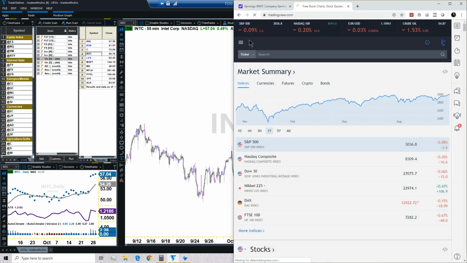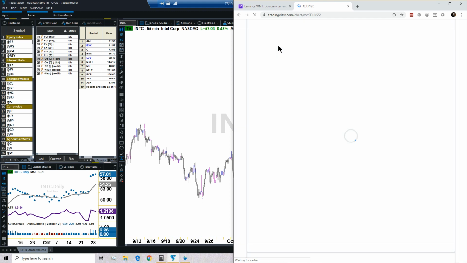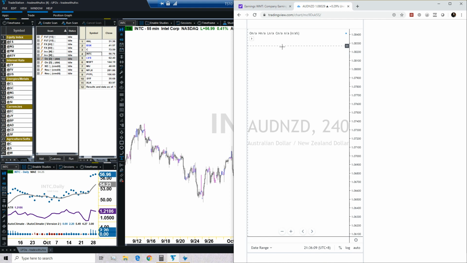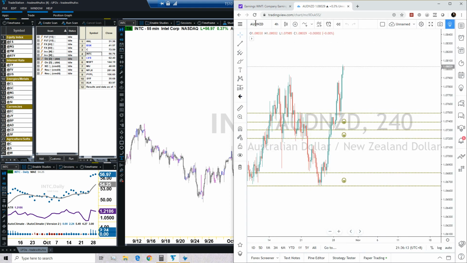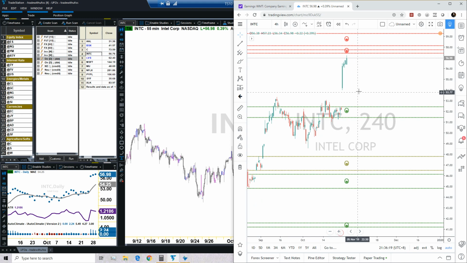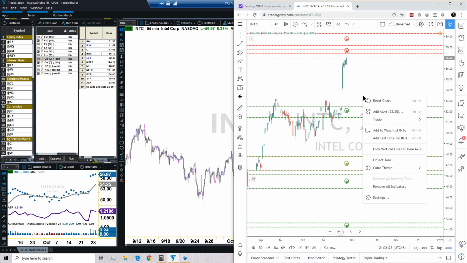What's very cool as well with TradingView is that you install the mobile app, and that way you get the alerts on your phone as well. Which is pretty cool. So you can just very easily load here INTC, find the price you want, and then just right click and add alert, and you can follow the steps and add your alert.